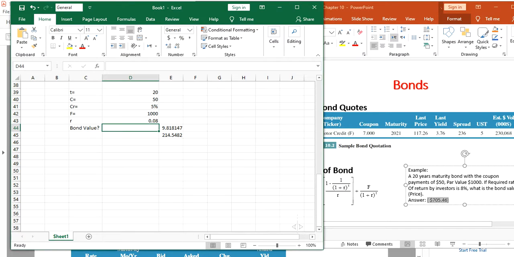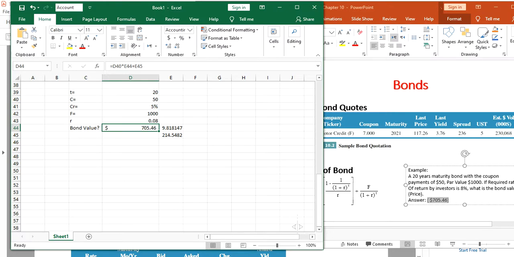Now what's the bond value? It equals coupons multiplied by the denominator part plus this one. So we have the bond price.